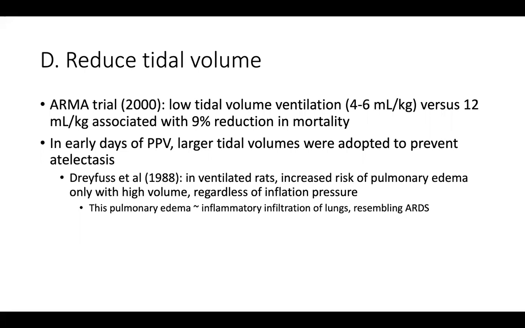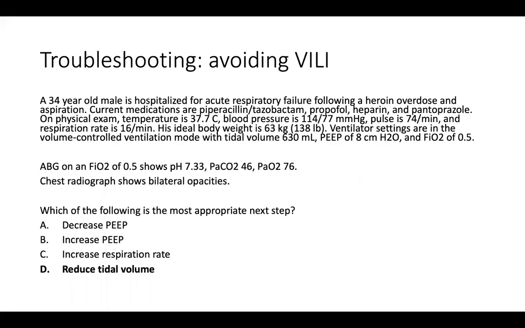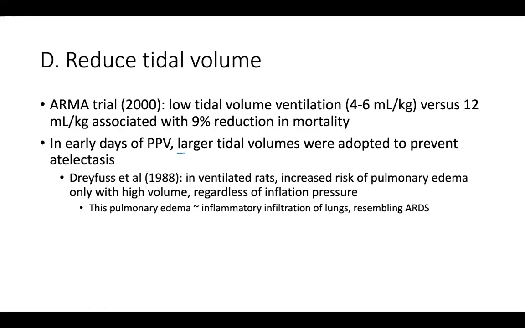And so for this patient we have in this question, he does have ARDS with the acuity of his lung injury, his bilateral opacities on his chest radiograph, and a poor P to F ratio. And so we want to reduce his tidal volume to adopt lung protective ventilation, which will hopefully reduce his mortality risk.